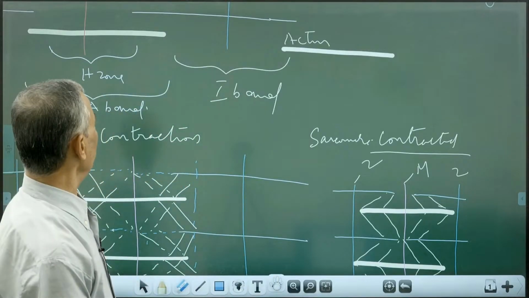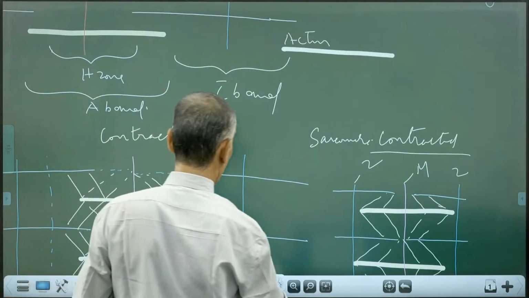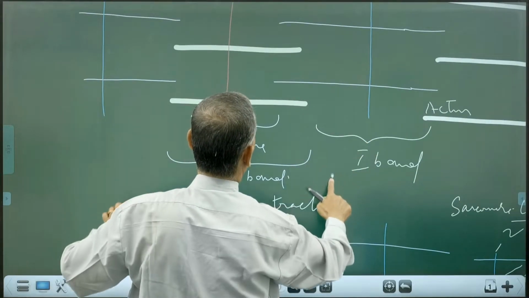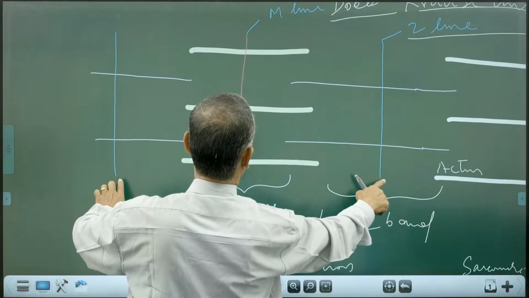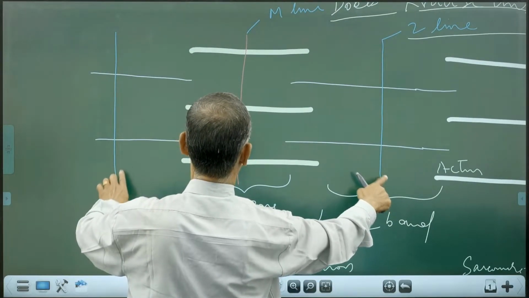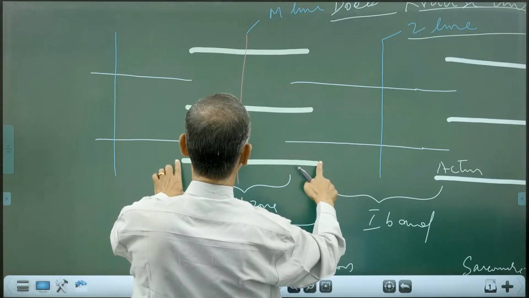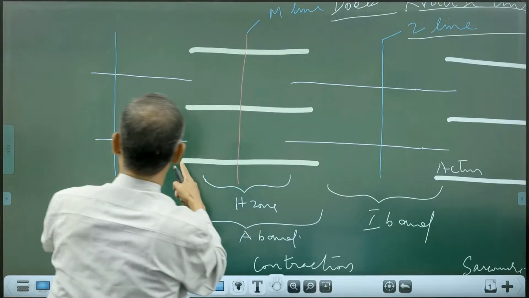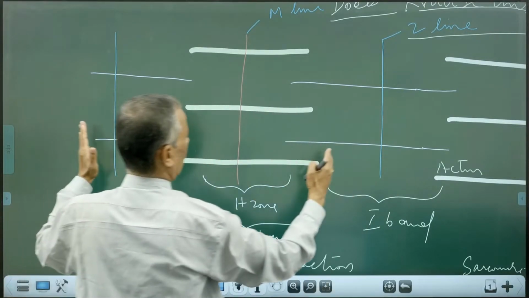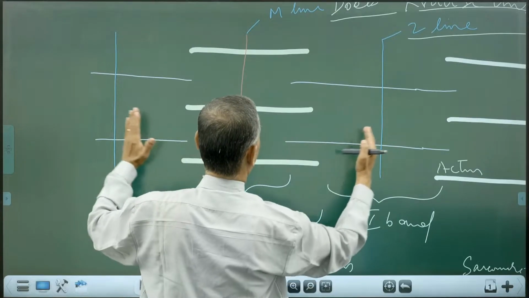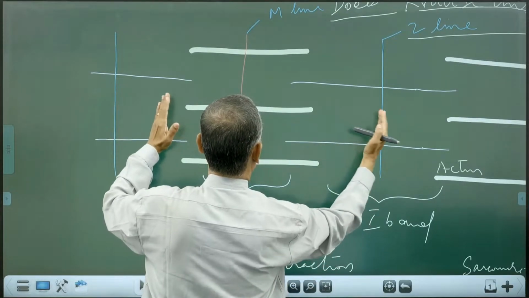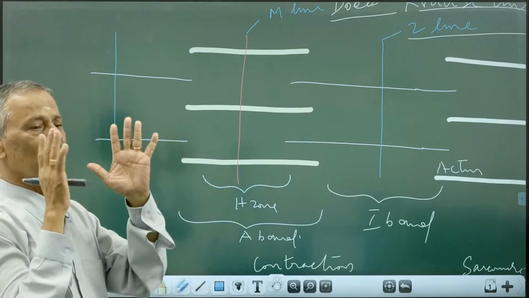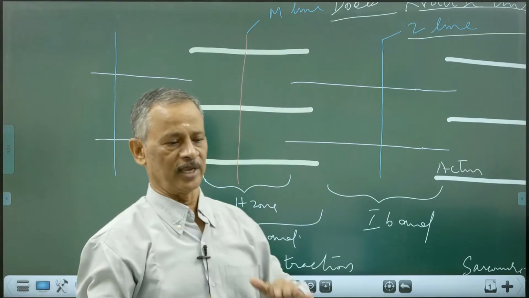A sarcomere is that part between two adjacent Z lines. So what is a sarcomere? Part between two adjacent Z lines. So it consists of a full A band and a half I band. So A band is sandwiched between two half I bands. That is the correct definition for a sarcomere.